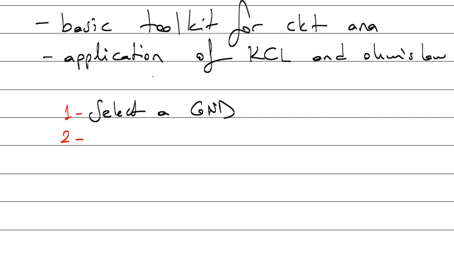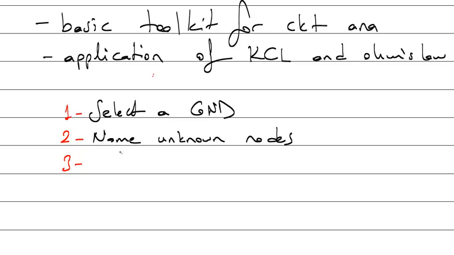Second step, name the unknown nodes. If the voltages of nodes are obvious, write the voltages. But if you don't know the values of the node voltages, give some names. E1, E2, node 1, node 2, VA, VB, anything.